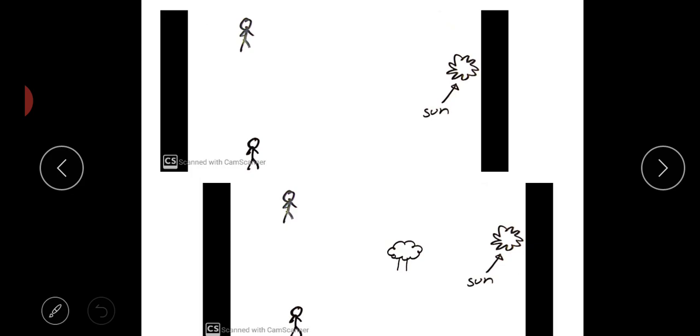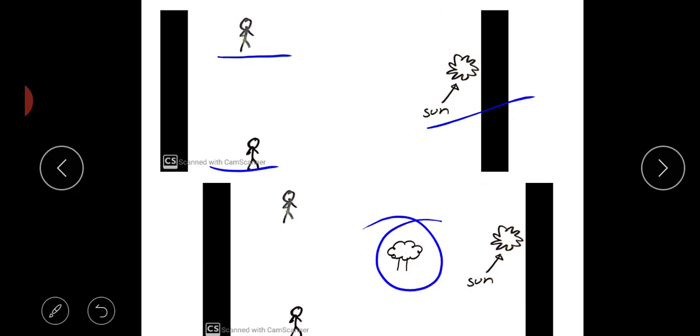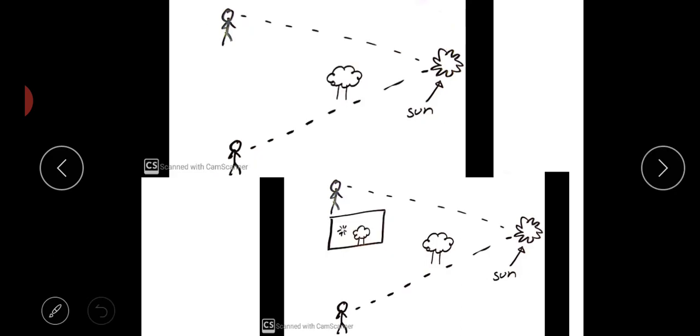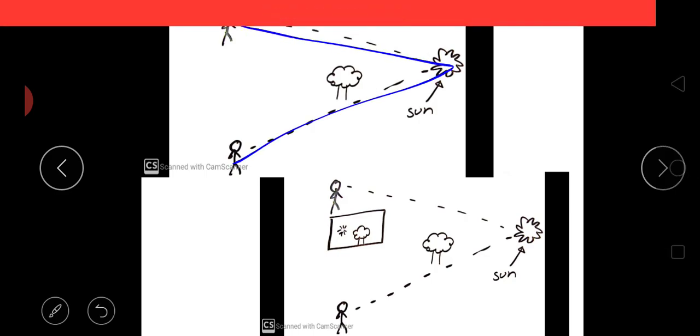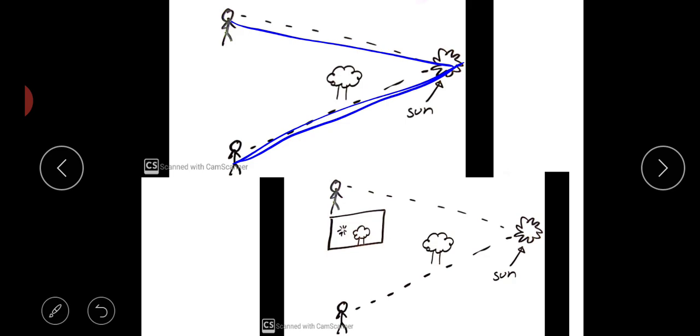Imagine this to be the sun. There are two observers who are trying to see the sun. In between there is a tree. The person at the left will try to observe the sun, and the right person also will try to see the sun.